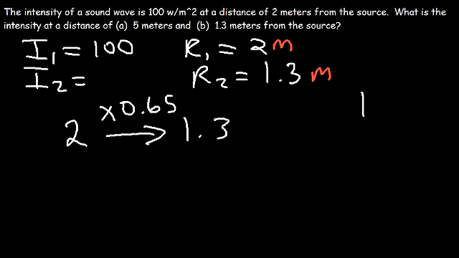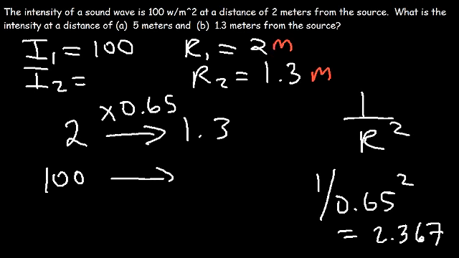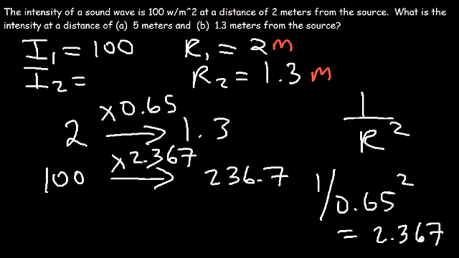So now if we plug that into this relationship, 1 over 0.65 squared is about 2.367. So the intensity should increase by this value. So if we multiply by 2.367, it should be 236.7 watts per square meter.